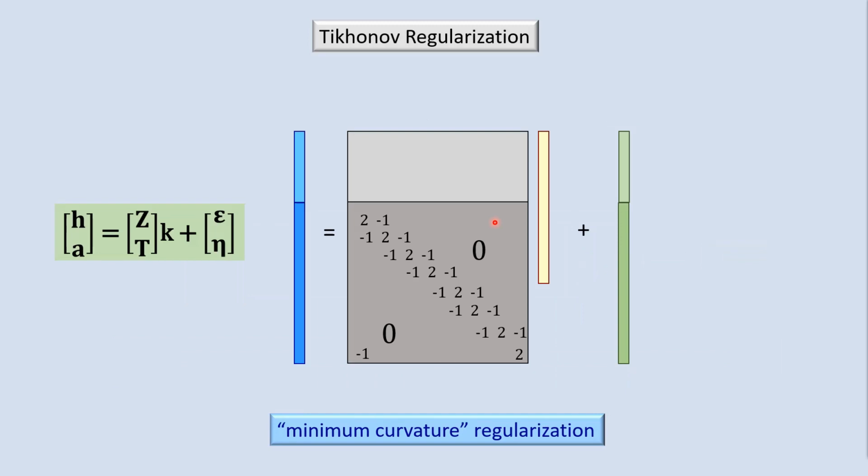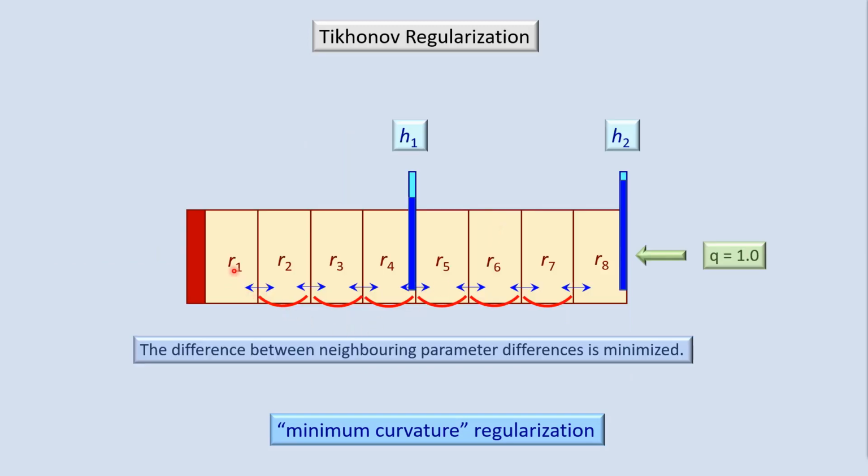And we can get more complicated. We may, for example, suggest minimum curvature regularization. In this case, we're saying, yes, R1 and R2 will be different, and R2 and R3 will be different, but the differences of the differences have to be minimized. Which one should we use? That will depend on the situation, and it should be a reflection of expert knowledge.